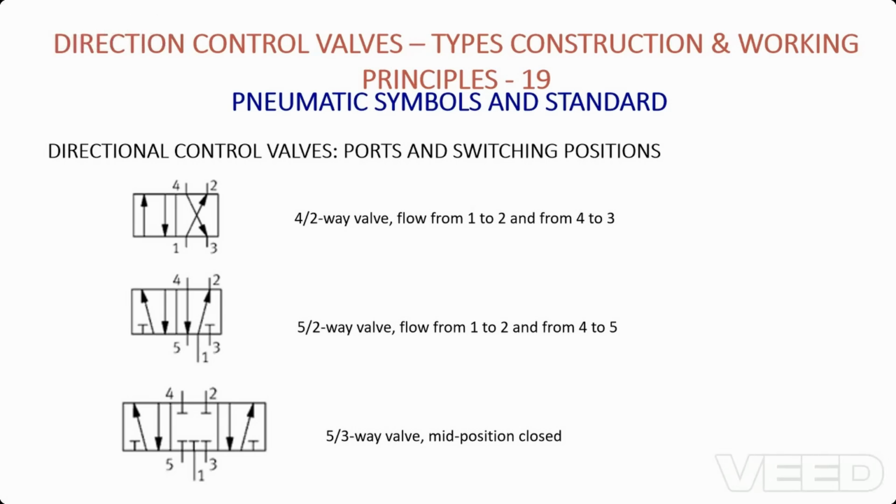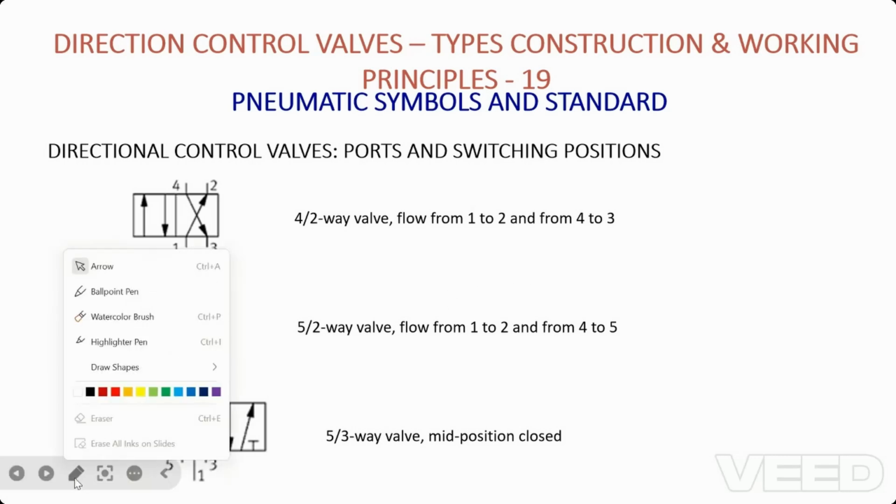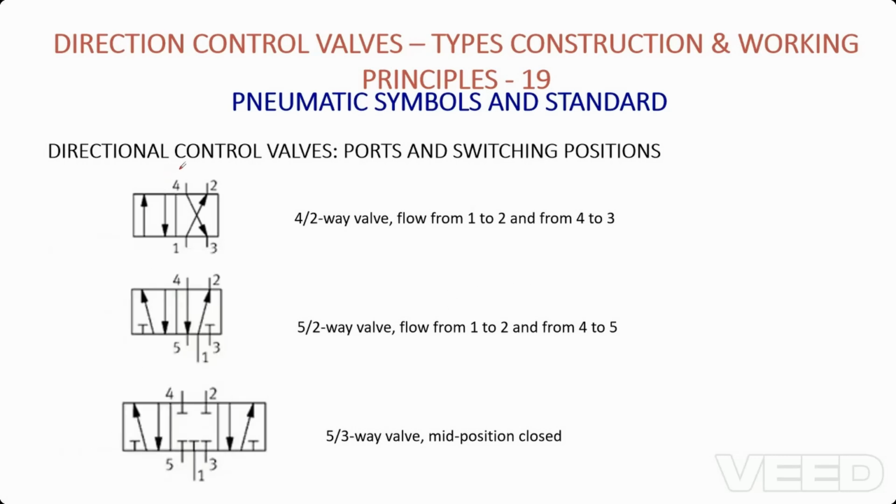So for controlling air sent to these two ports, we need two output ports, which are 4 and 2 on the top. Here you can see these 4 and 2 are connected to our double acting cylinder, and as usual we want an air supply source, that is port 1, and for air escaping we have another port, number 3.